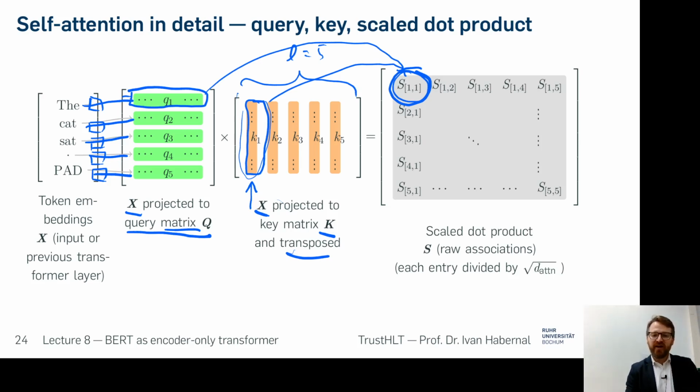Which means I'm gonna take the first token and do the dot product with the second token to get the second value. Then again, the first token with the third token to get a third value. And I'm gonna repeat this for the second one with the first one.